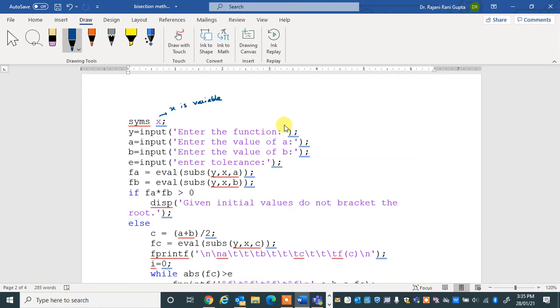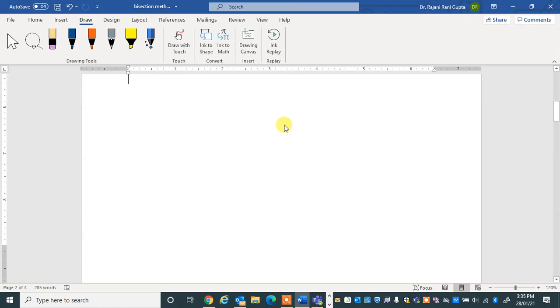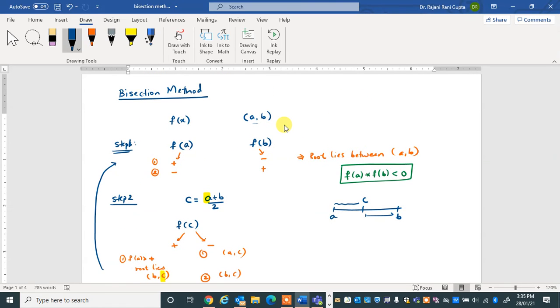Then after that, what do we want? The inputs. What are the inputs that are required? We need the function, we need the values of A and B, as well as the tolerance level, meaning up to how many decimal places we want the root to be accurate.